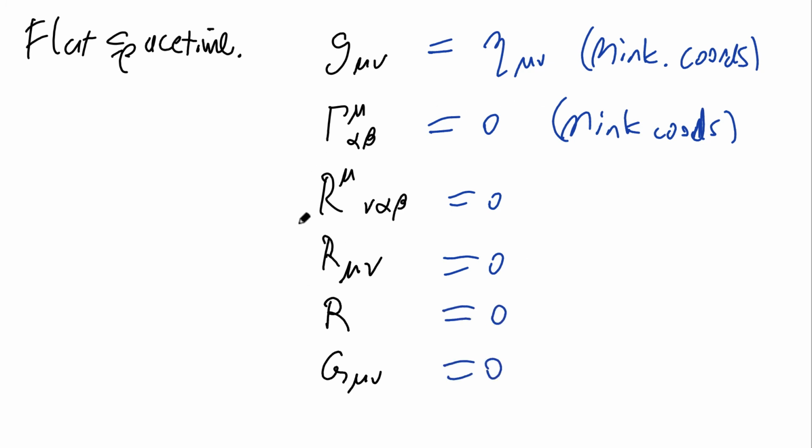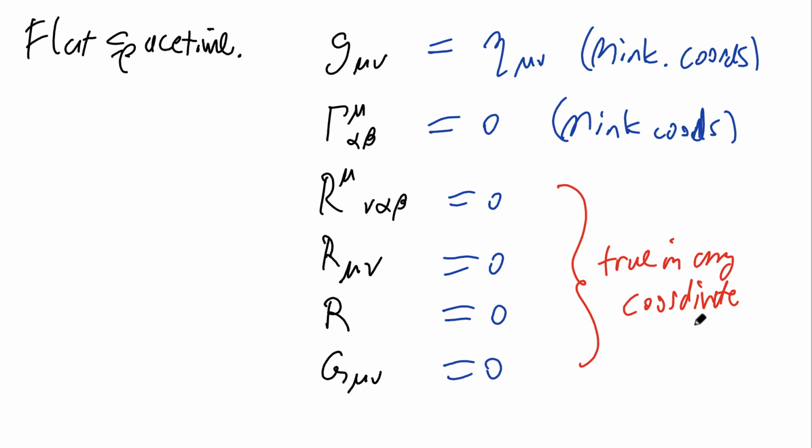And of course, since these are tensor relations, we can conclude that they hold in any coordinate system. And in fact, this would be the definition of flat spacetime. Flat spacetime is a spacetime in which the Riemann tensor vanishes.